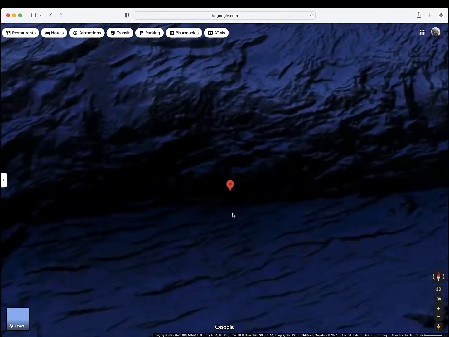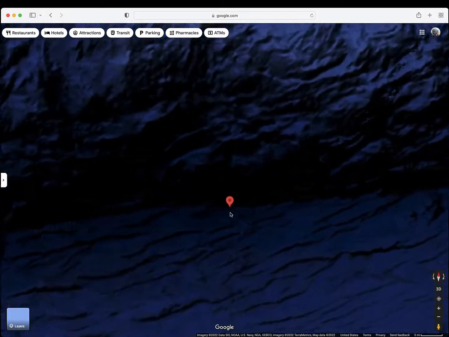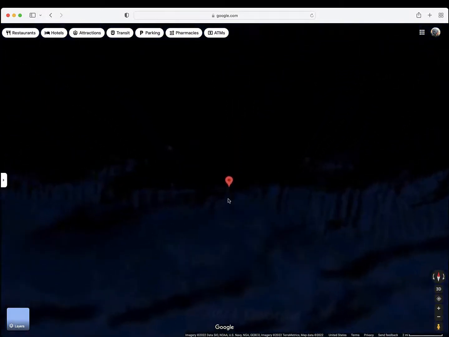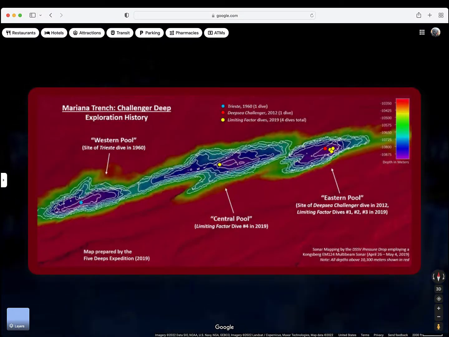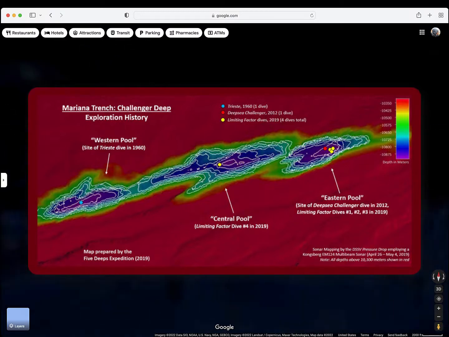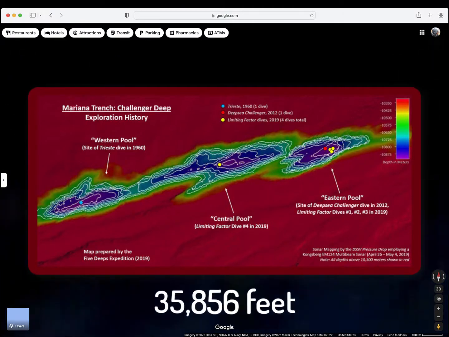The exact depth has been debated, but the latest multi-beam sonar scans are in general agreement with direct descent measurements, yielding depths between 35,768 feet and 35,856 feet in the slightly deeper eastern pool area.